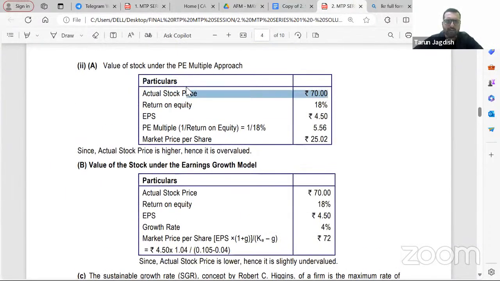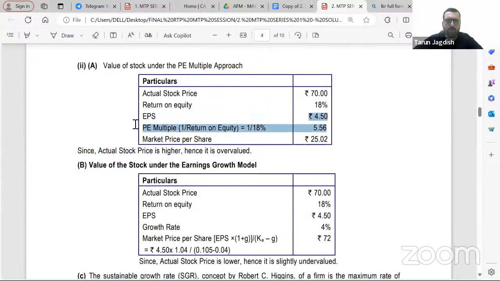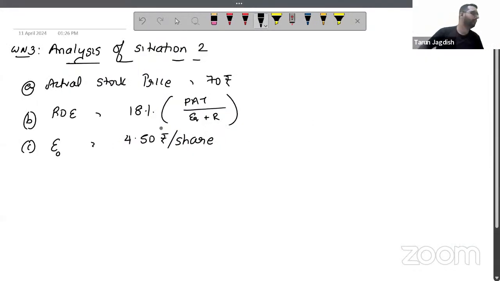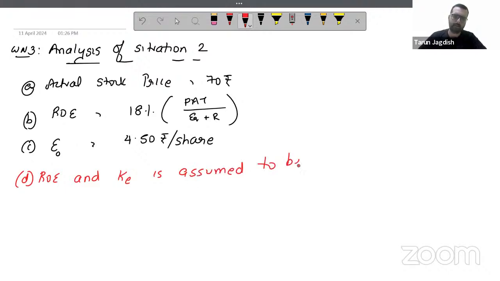What is the stock price? 70. ROE, we took 18. EPS, we took 4.5. Okay. So they have found out PE multiple as 1 divided by KE. Even though ROE is given, they have wrongly assumed the ROE as KE. But in reality, both are different. So ROE and KE are assumed to be the same.